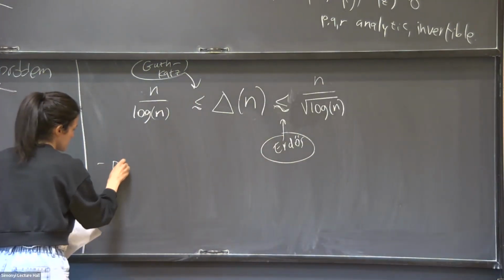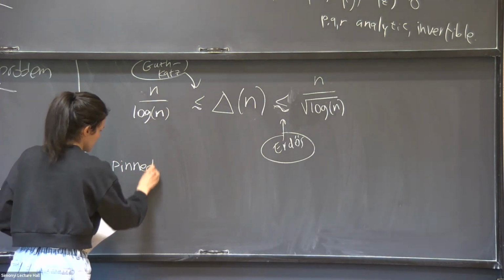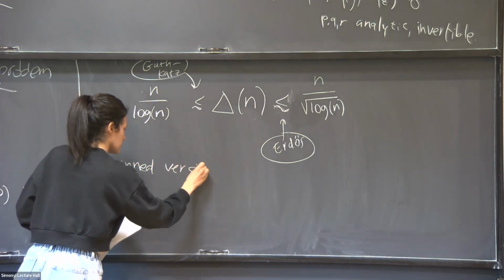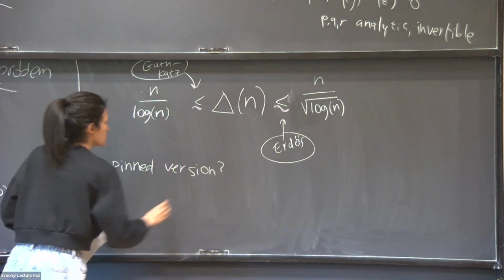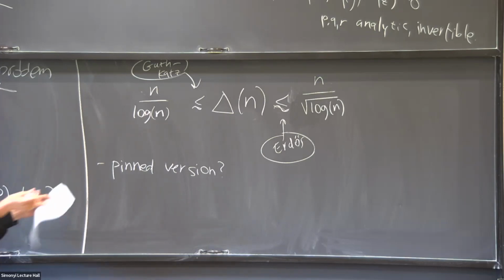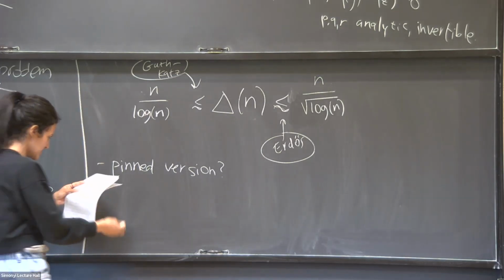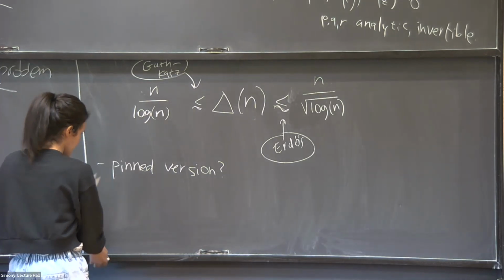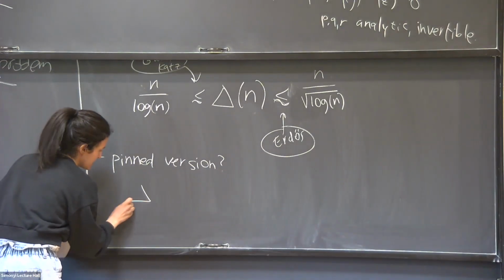One can ask also about the pinned version. So if we have a small number of distinct distances, maybe we can find one point that already sees all those distances. If we check the distances between this point and the rest, maybe already we see many distances. So let me just give here the notation because I will need it later.